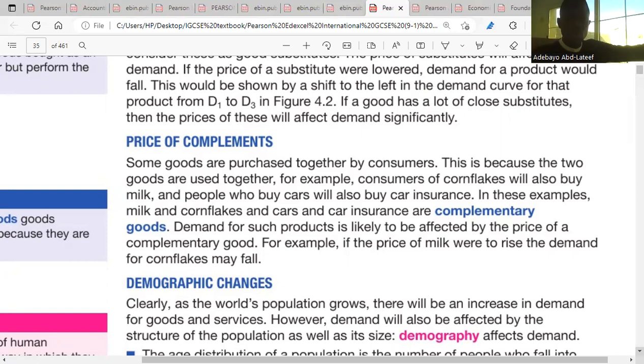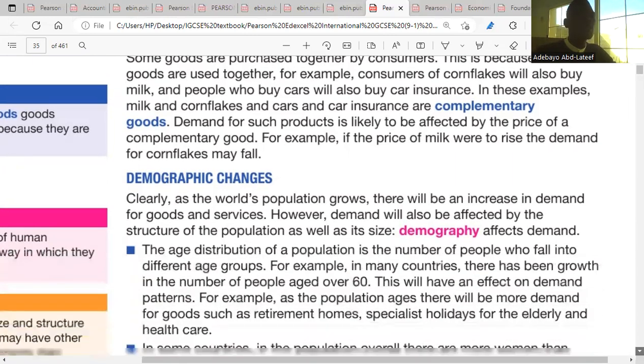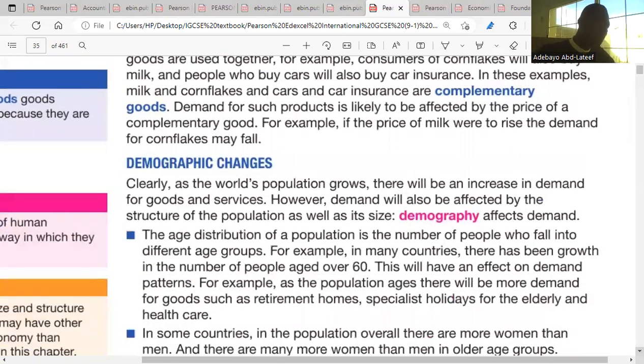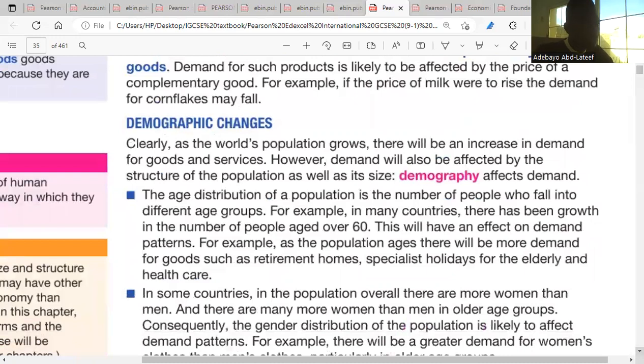So that takes us to demographic changes. When we talk about demographic changes, we're talking about the population. Changes in population could be changes in age, gender, religion, all these things could also shift the demand rightward or leftward. But we have to understand that population continues to increase in the world, yes or no?